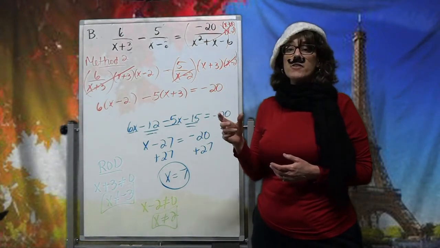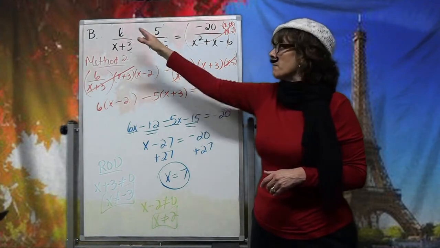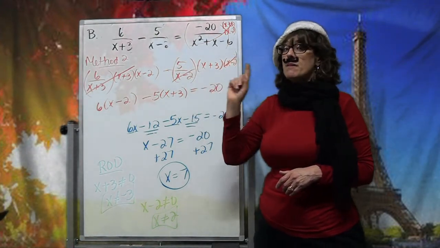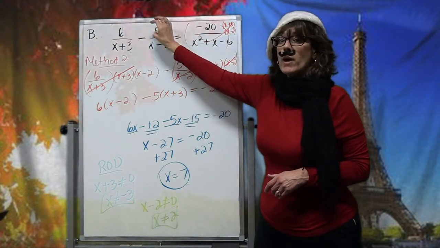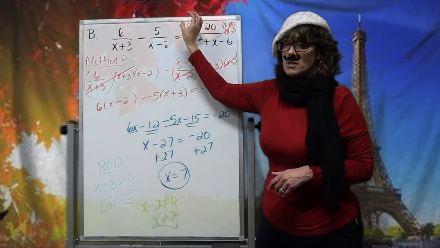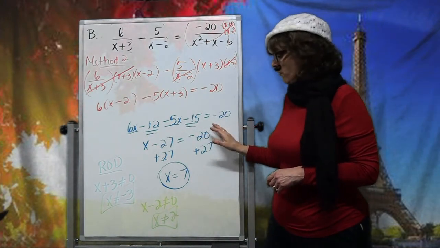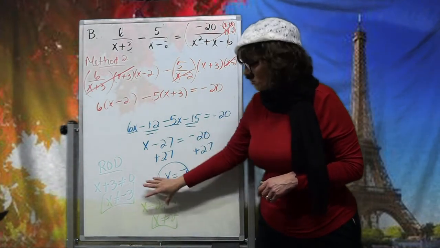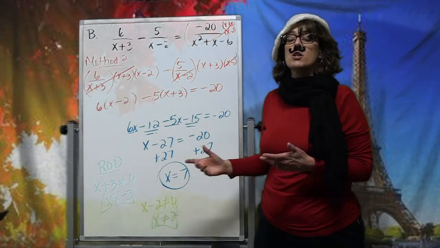Once you've got the fractions adjusted, you can drop the denominator and combine all those numerators. Being very careful, you may have to distribute that negative all the way through that second parentheses if you're subtracting. But you come up with an equation that's fairly easy to solve. Check that restriction on the domain to see if your answer will cause a problem. If it does, it's an extraneous solution.